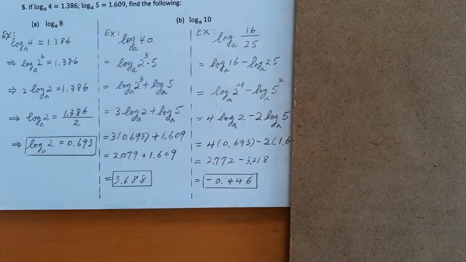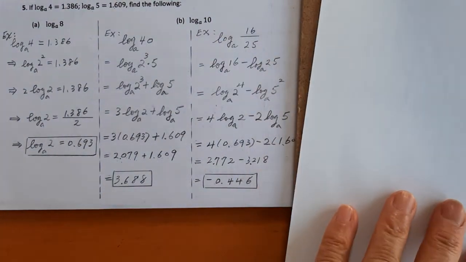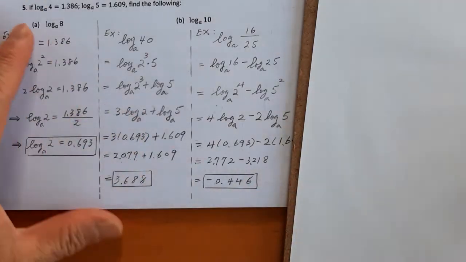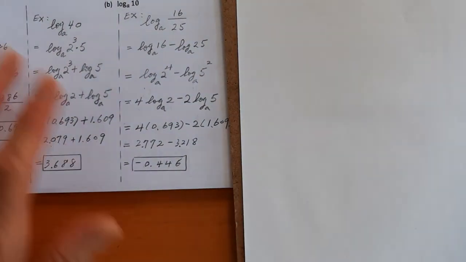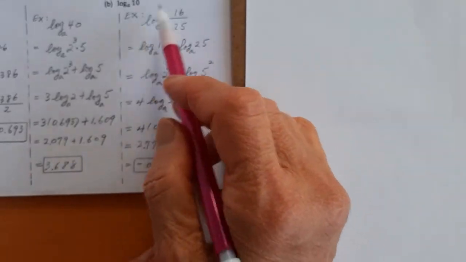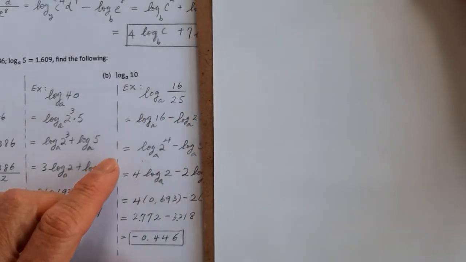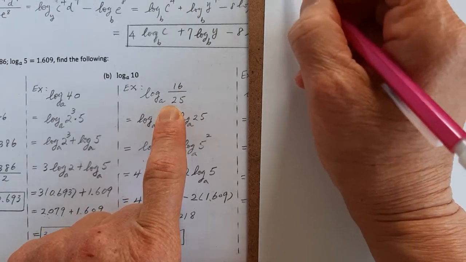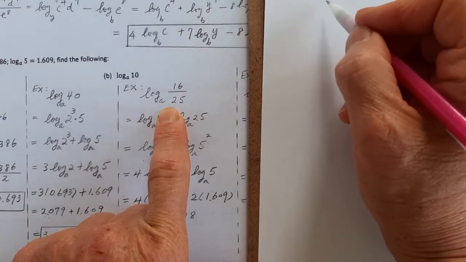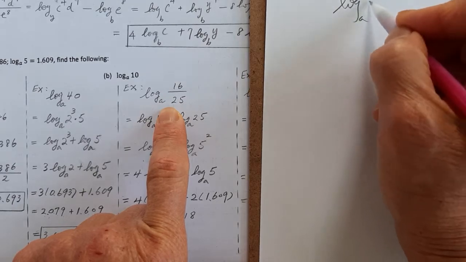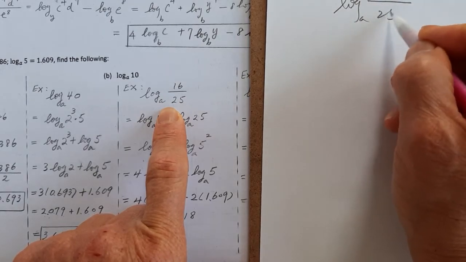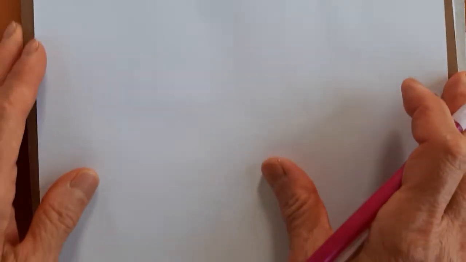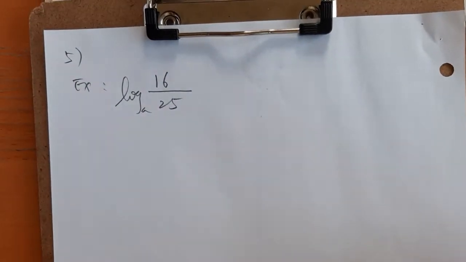That's another example. Next example, use the quotient rule. This is an example for homework question 5: log of 16 over 25.